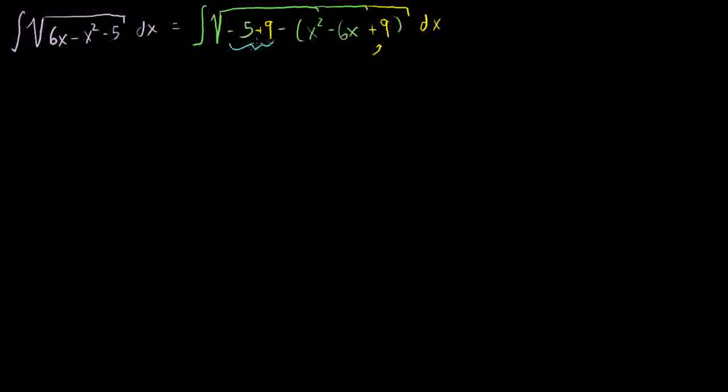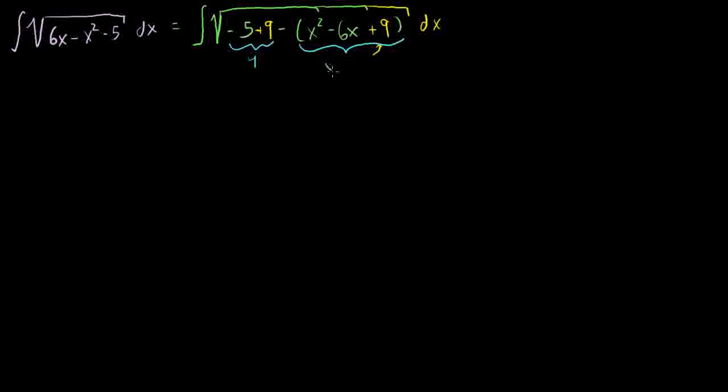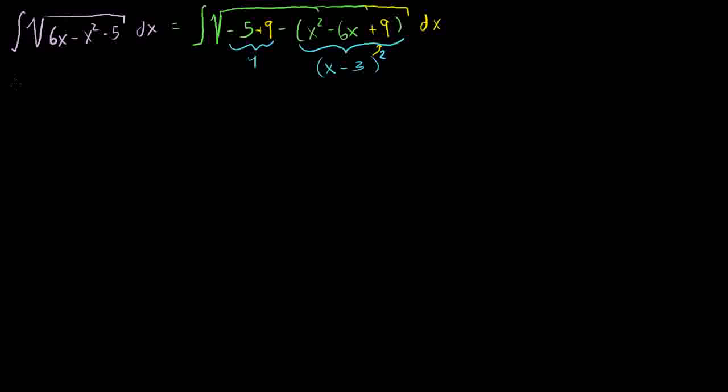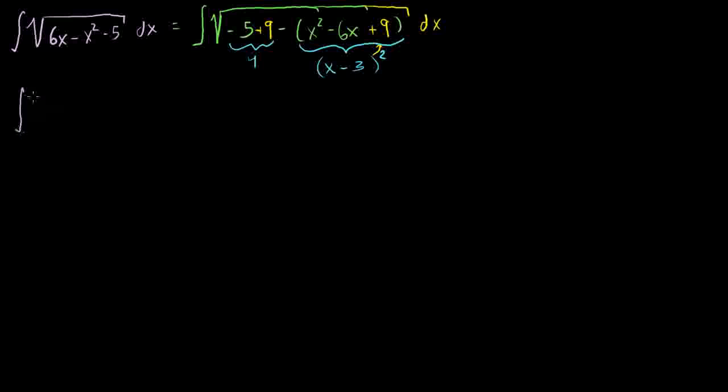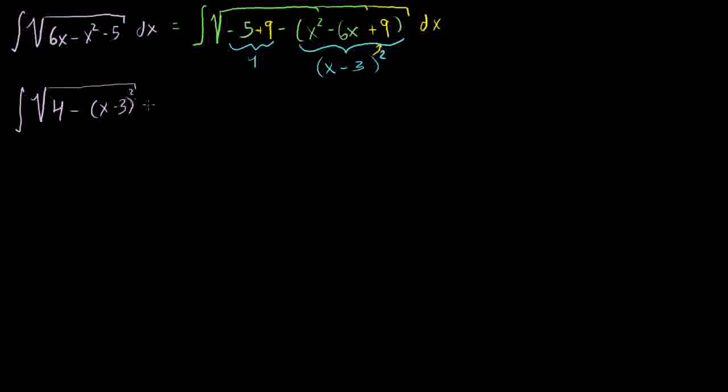Obviously, this right here just becomes a 4, and then this term becomes x minus 3 squared. So my indefinite integral now becomes the integral of the square root of 4 minus x minus 3 squared dx.